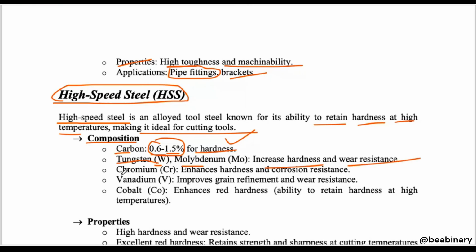We talk about the chromium, then it enhances the hardness and corrosion resistance. The corrosion is also important. Suppose you have a tool, and you have just turned off the machine and left it for 2 days, right?